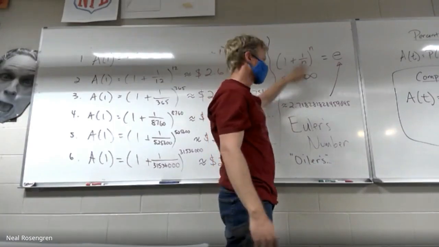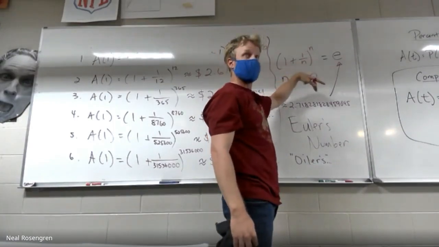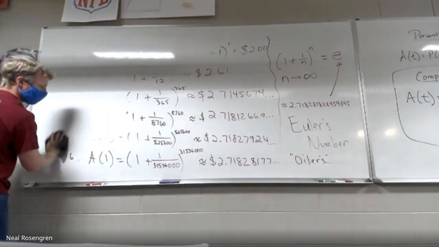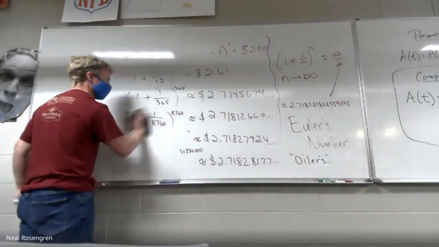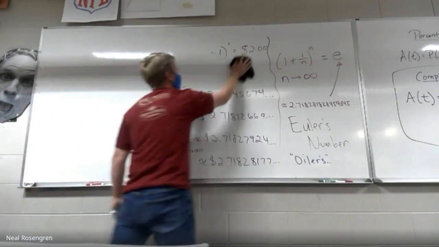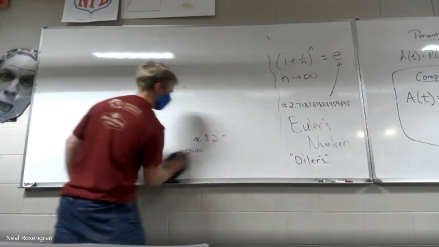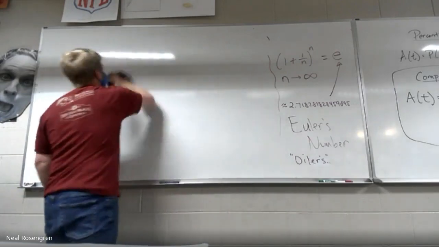Okay? Questions about this, though? It's confusing enough, I know. And don't worry, we have Monday to talk about it some more. I just want to show you some of the things that we can get to and where this stuff comes from. As nice as it is sometimes to be like, just tell me what it is, I want you to believe it a little bit. Okay, so Euler's number, we're going to use it.